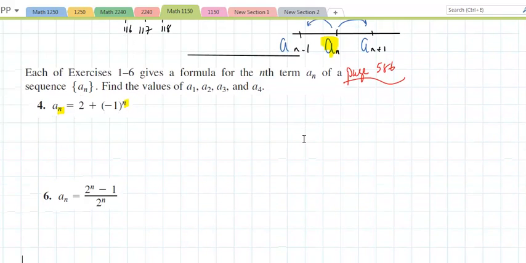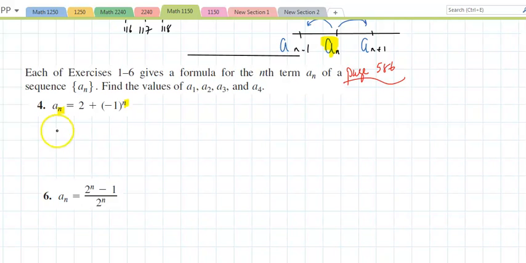So if I glance at this problem, say, okay, well, let's see. What are the first terms? Well, a sub 1, throw a 1 in there. That is 2 plus a negative 1. That's a 1. A sub 2 would be 2 plus a negative 1 squared. Wouldn't you say that's 2 plus 1, which is 3?